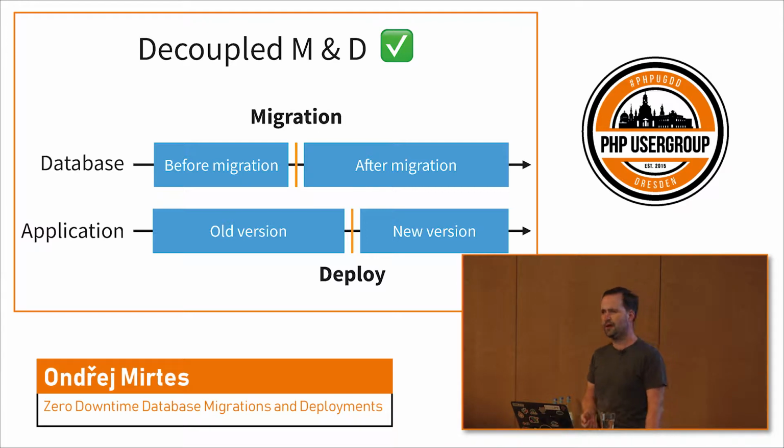But migrations are more difficult. You can migrate tables with different sizes and with different loads, so it's not very predictable how long a migration will take. And also migrations can fail and they can lock some tables. So you need the ability to kill them and try them again more often than deployments.